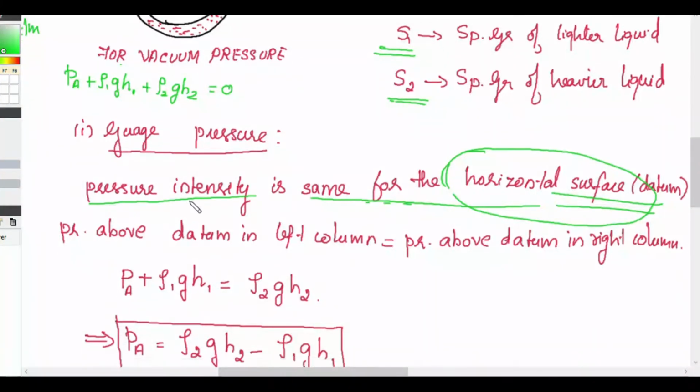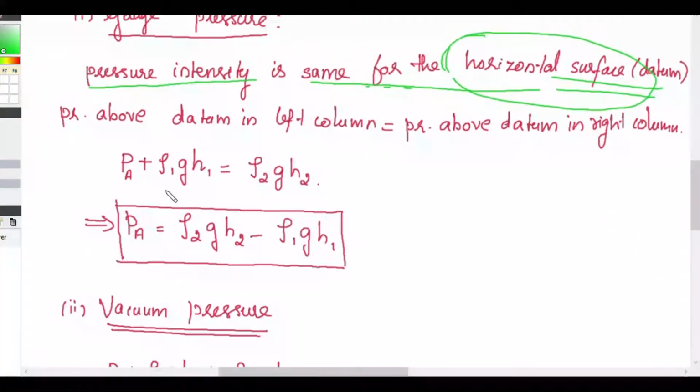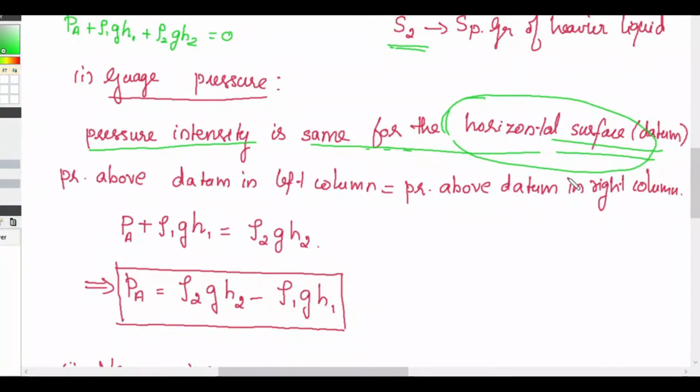So how to find the gauge pressure and vacuum pressure? Pressure intensity is the same for the horizontal surface, and pressure above datum in the left column will be equal to the pressure above datum in the right column. That is, pressure at 1 will be equal to pressure at 2. So equating, we get pressure at A plus rho 1 GH1 is equal to rho 2 GH2.